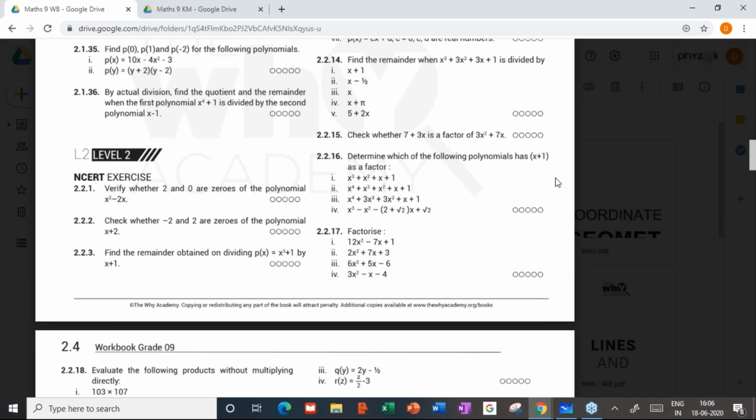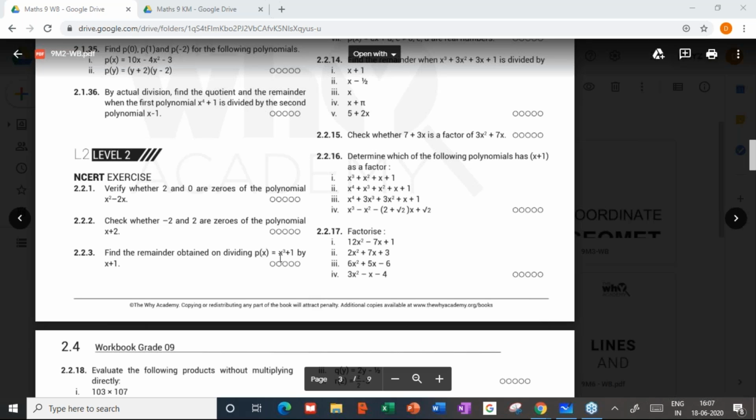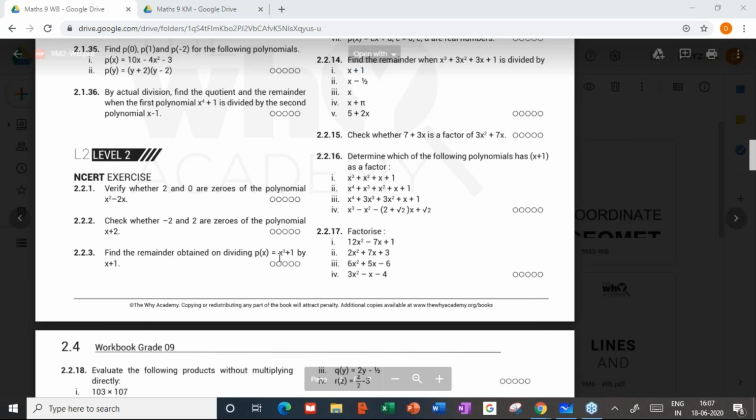Awesome, Netri and Dhruv have answered. Netri, Dhruv and Vasudha have answered. Abir has answered. Shivesh has answered. Which is the question? The question is 2.2.3. Yes, I can repeat the question. Rakshita, Abir, Neil, awesome. The question is find the remainder obtained on dividing p of x, x cube plus 1, by x plus 1.